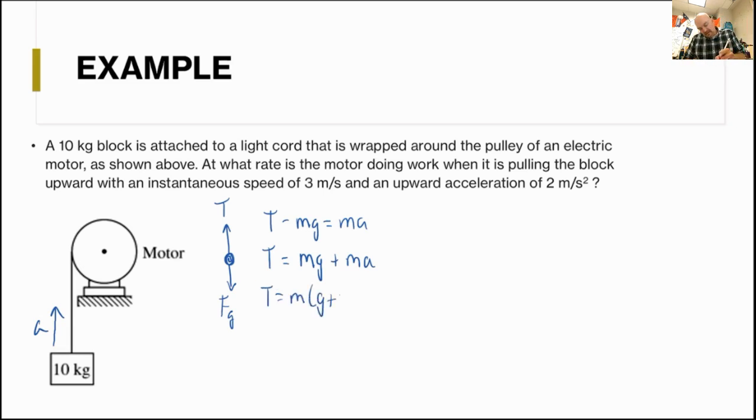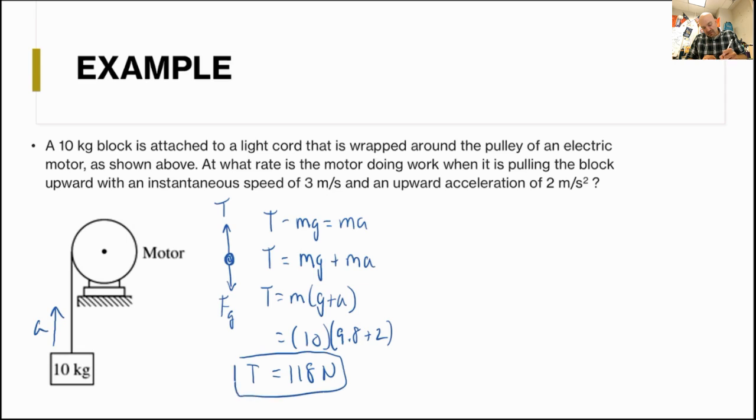So tension is mass times g plus a. So it's going to be 10 times 9.8 plus 2. So you end up with, I think it's 118 newtons. Yes. So the force that is pulling up is 118 newtons.